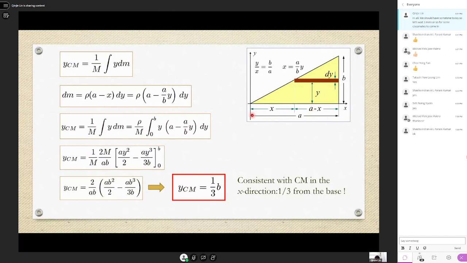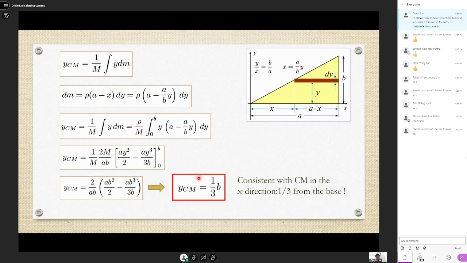A is the whole thing, x is 0 to wherever the point is, so this length must be a minus x. Okay, this is the only difference. The other parts, how to get this dm, all this, are exactly the same. So you do integration, substitute the values inside. In the end, you will find that it's 1/3 b.